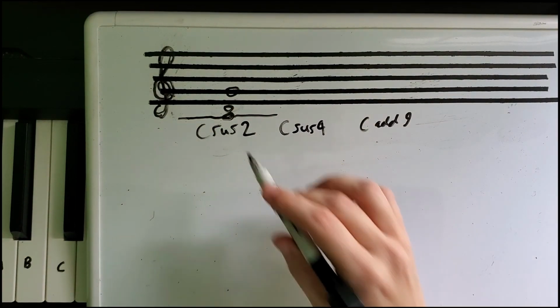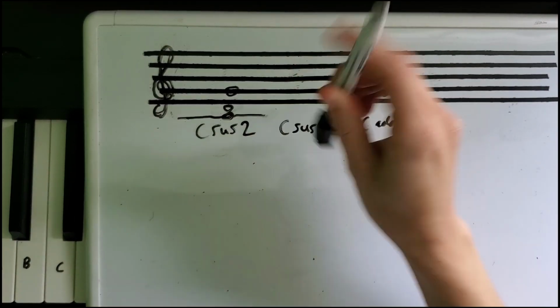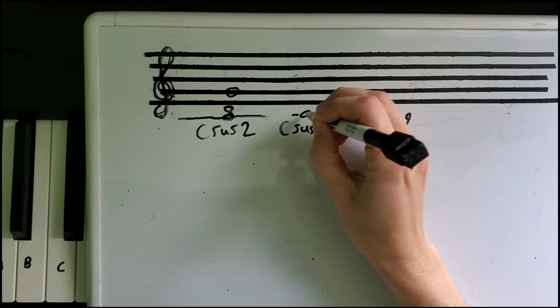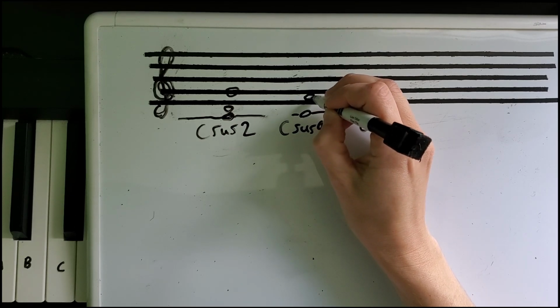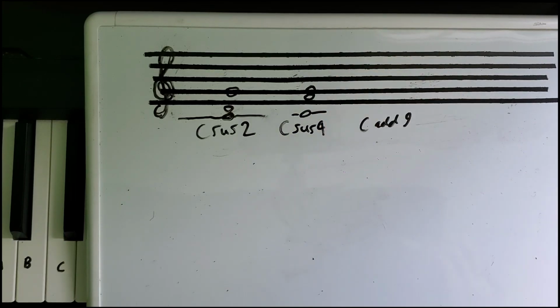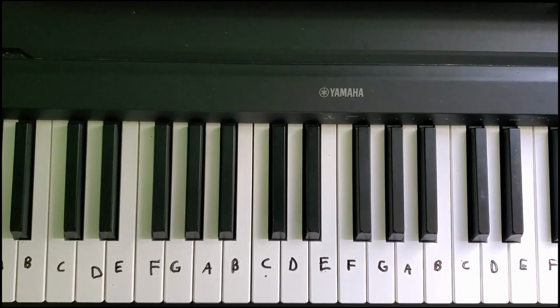That's what our sus2 would look like. Sus4, C is the same here. Then instead of our 3, we're going to go up 1, so it's here at F. And then 5 is G. So that's what our sus4 would look like written out on sheet music.